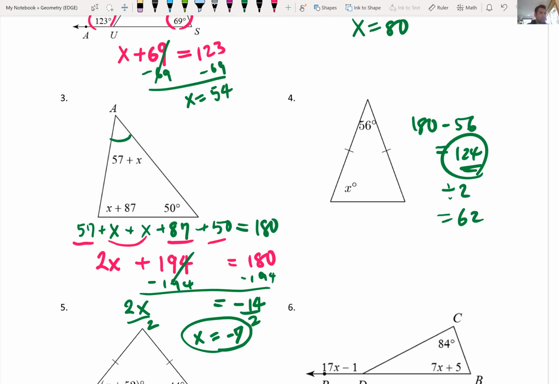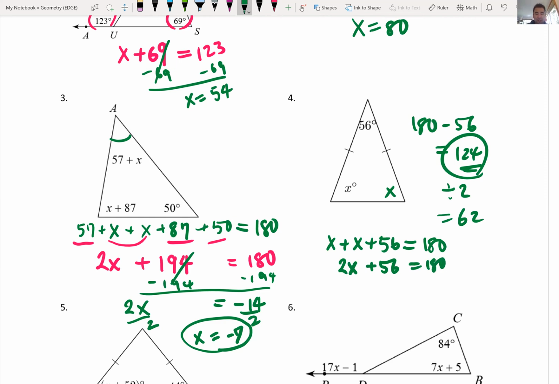Another way, if you want a more formal method of setting up an equation, is to set each bottom angle as x because they are equal. So you can do x plus x plus 56 equals 180. So it's 2x plus 56 is 180.